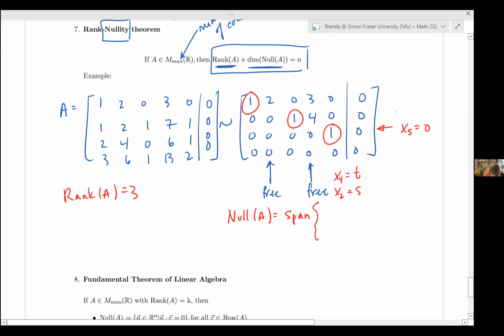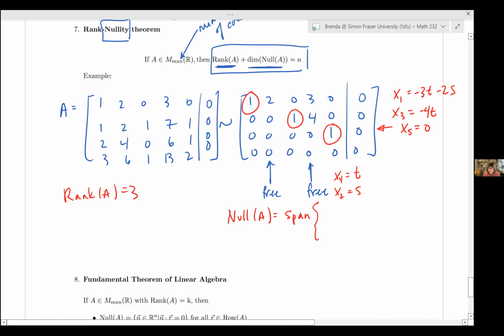Well, x4 is free. X3 has got to be equal to minus 4t, because that is x4. And x1 is equal to minus 3t minus 2s.